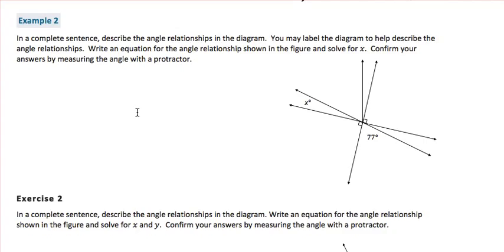In example 2, we have a variety of angles in the diagram. We have some straight line relationships and a circular relationship. But some of the things we ought to do first are take a look at our vertical angles.